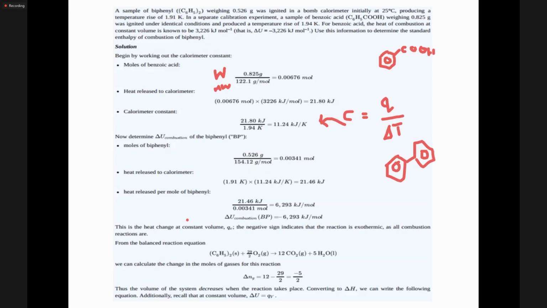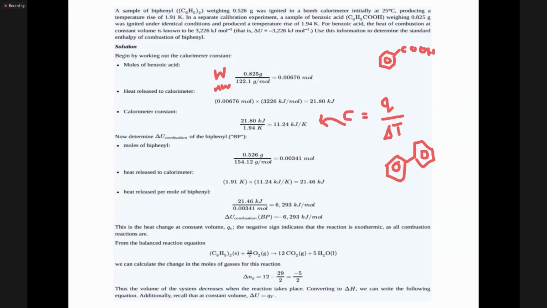Heat released per mole of biphenyl will be 21.46 kilojoule divided by the number of moles, that is 6293 kilojoule per mole. So delta U combustion of the system will be minus 6293 kilojoule per mole.